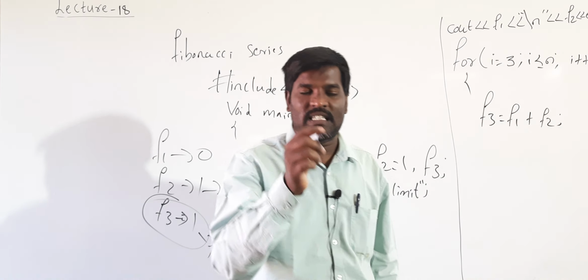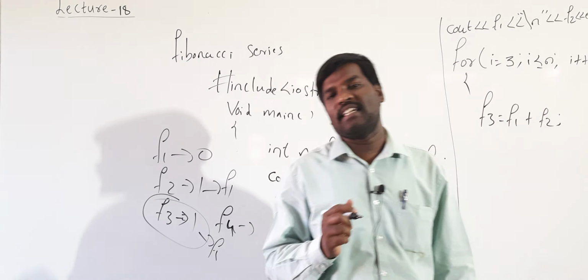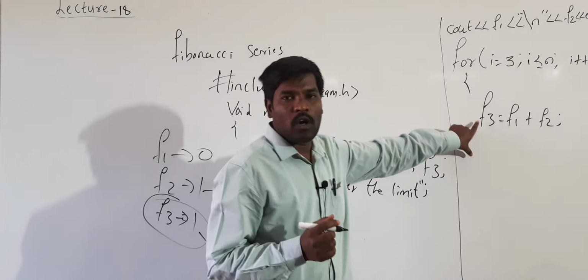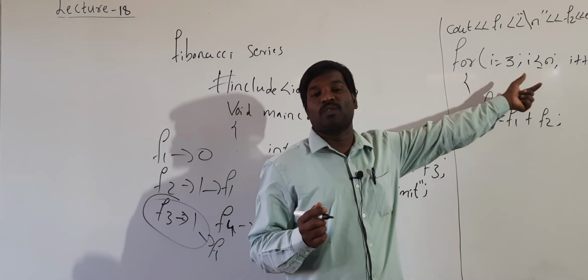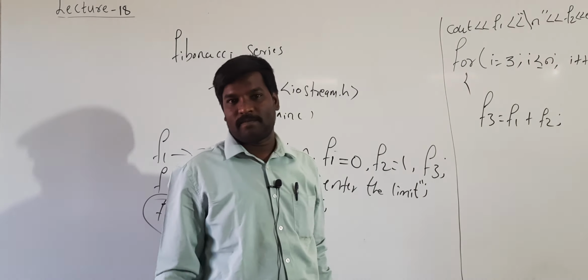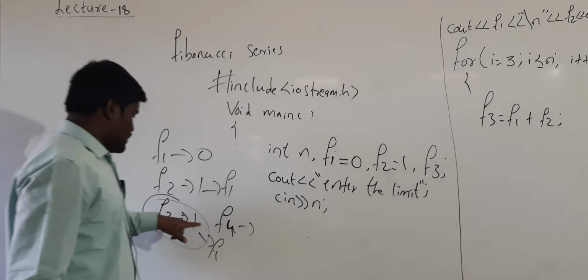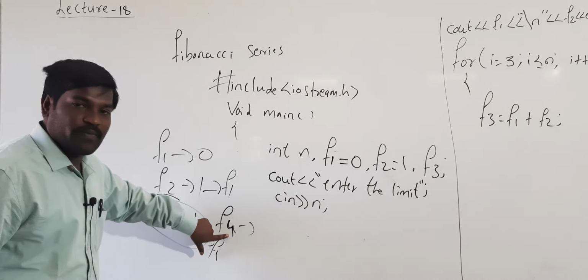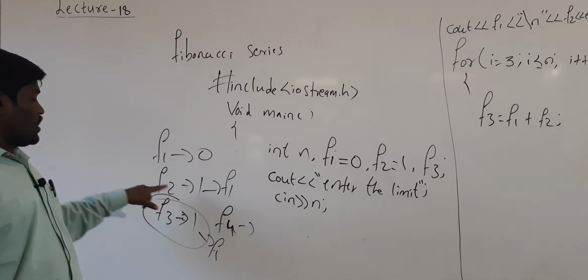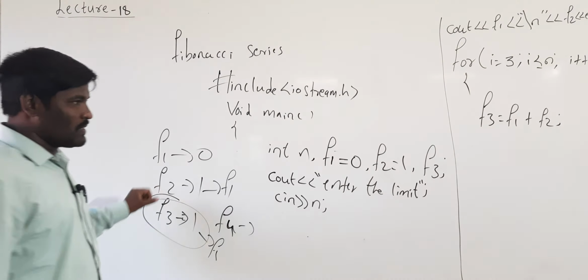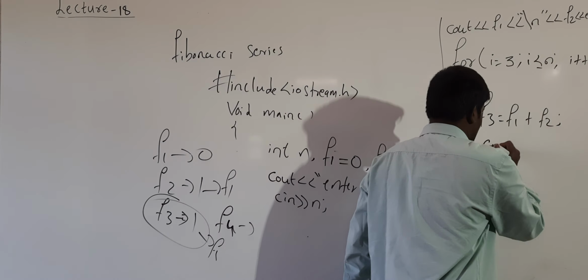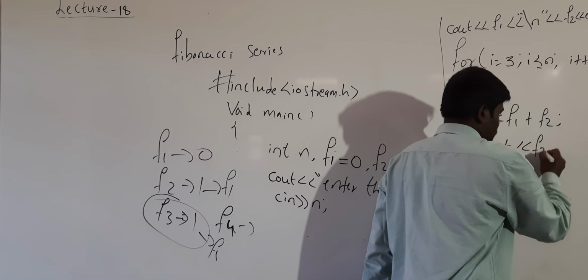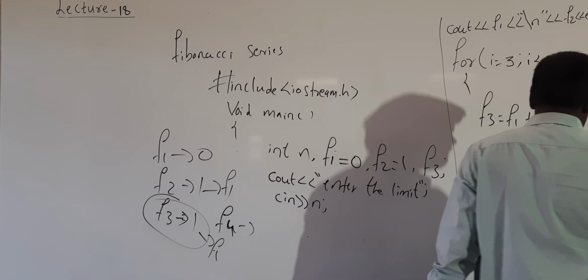Within the same variable we have to print all the values, and all those statements are present inside the loop. That's why I have to write a for loop. At the time of calculating F4, F3 acts as F2 and F2 acts as F1. After calculating F3 equal to F1 plus F2, first we need to print cout F3 and endl.